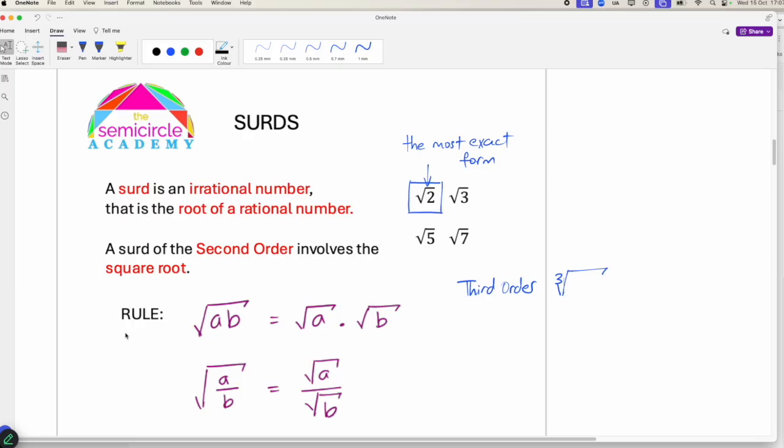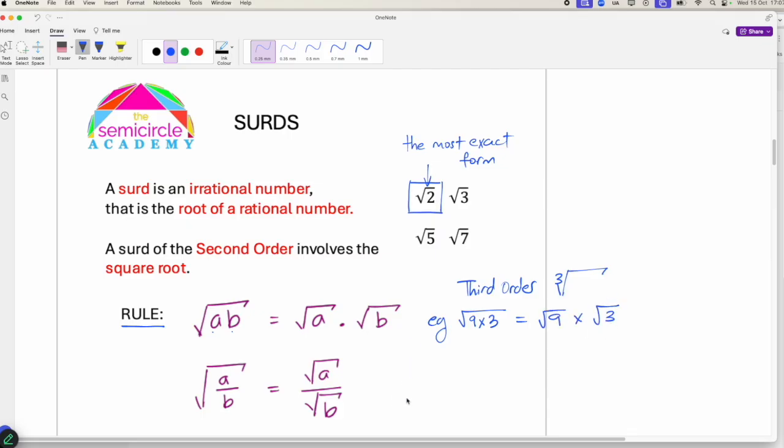So you can see we have some rules about surds here. If I have the square root of a times b, that is the same as the square root of a times the square root of b. So for an example, the square root of 9 times 3 is the same as the square root of 9 times the square root of 3.